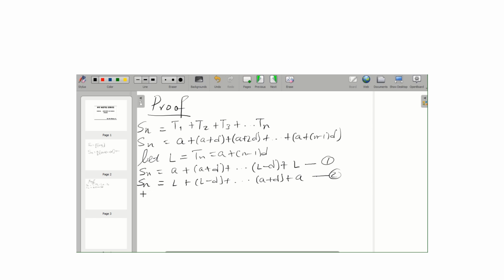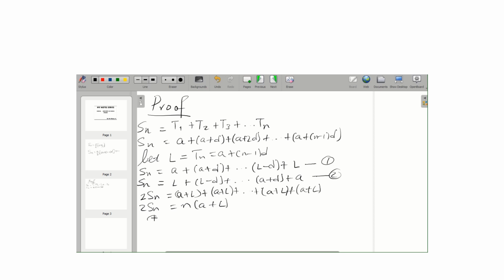And when we add these two equations, Sn plus Sn is 2Sn. a plus L is a plus L, a plus L is a plus L, d minus d is 0, a plus L is also a plus L. So what this tells us is we have n lots of a plus L. This is dictated by the number of terms in the sum that we are determining.